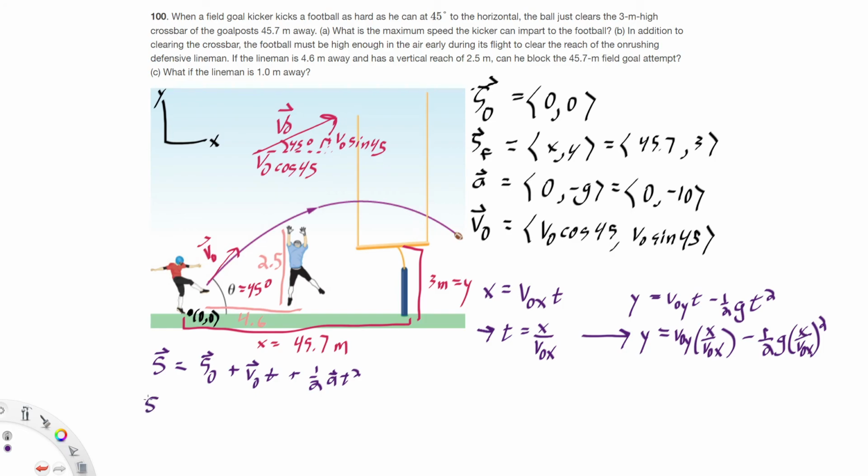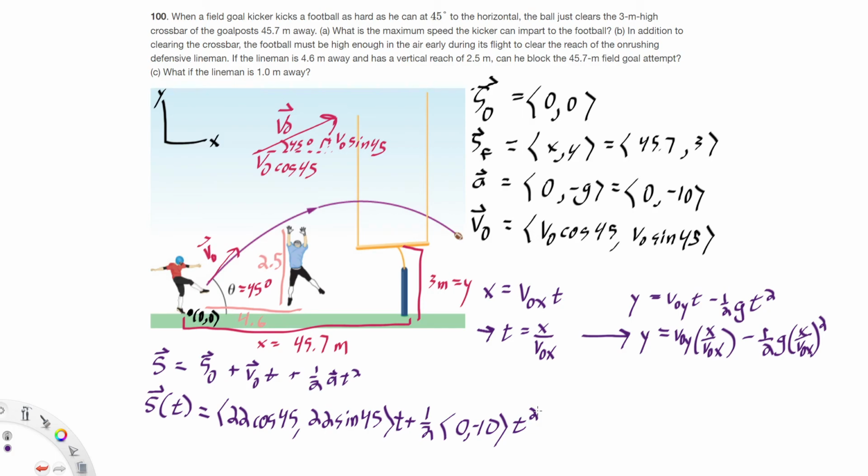So in fact, at any given time, S of t is going to equal V naught, which is equal to, say, 22 cosine 45, 22 sine 45, plus 0 minus 10 t squared, or actually we should do 1/2 of 0, minus 10, times t squared.